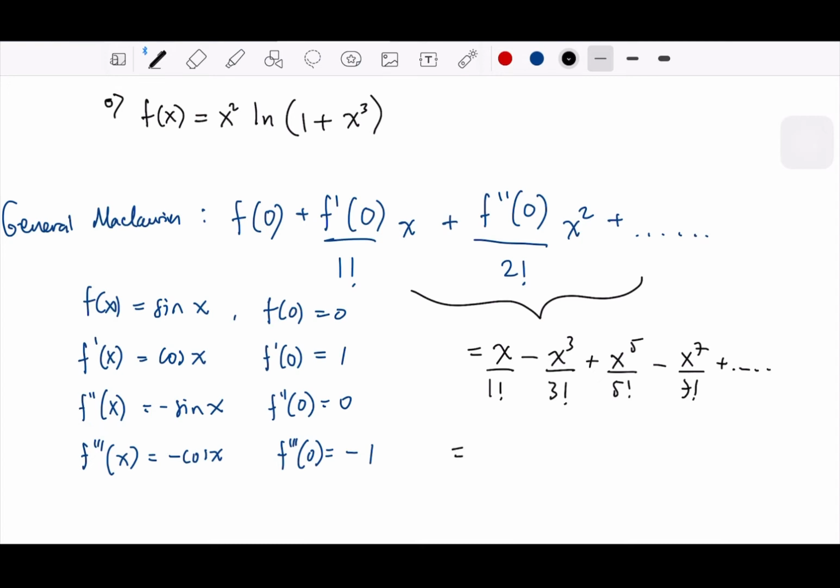Now we can rewrite this in terms of the series, if you would like to write. Since it has alternating signs, we can write this as negative 1 to the n, start from 0, and then the power of x is an odd number, so we write 2n plus 1 and 2n plus 1 factorial.